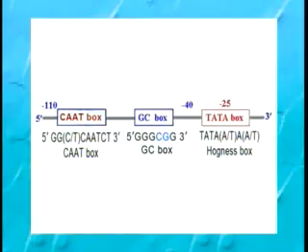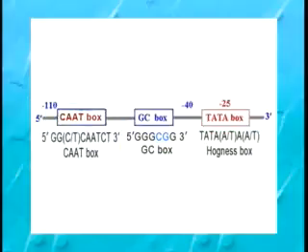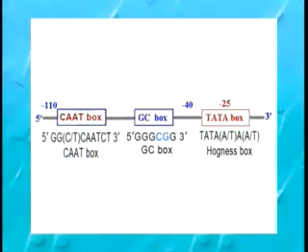The first region, known as recognition region, is similar to the -35 region of prokaryotic promoter and is known as CAAT box. Its consensus sequence is GGCTCAATCT and is present between the position of -70 to -80.